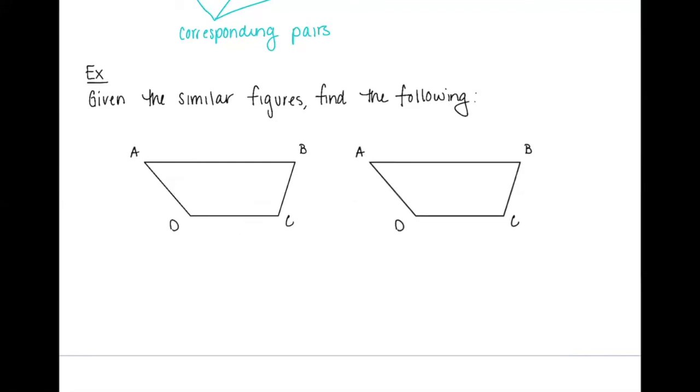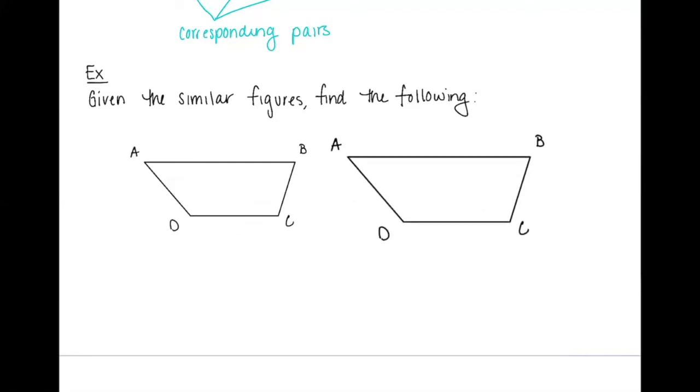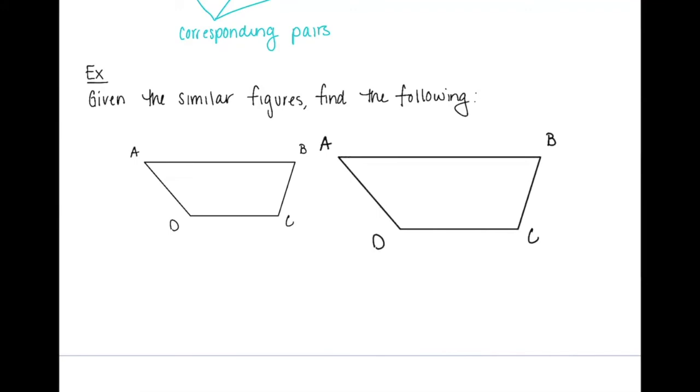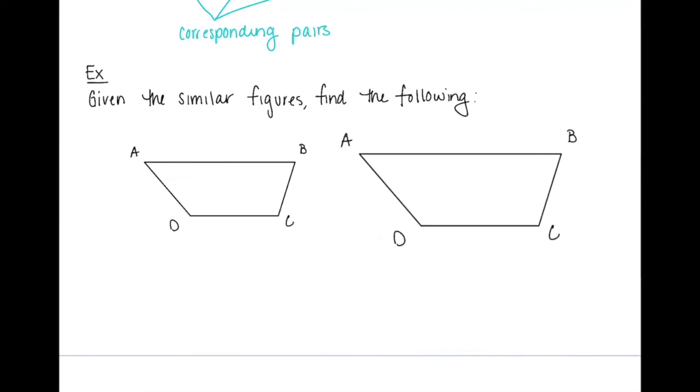I'm going to duplicate it, and we're going to stretch it a tiny bit. I'm going to call this A prime, B prime, C prime, D prime. We're told this is 9, this is 6, this is Y, this is 15, this is 10, and this is X.